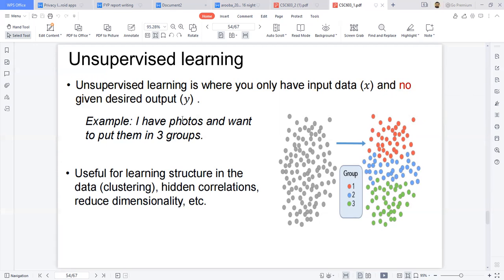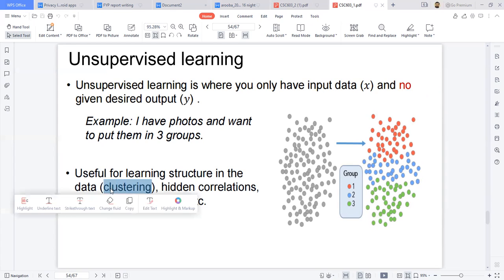For example, I have photos and want to put them into three groups. These are different photos and you have to make three groups. Then you can make the red group, blue group, and something like this. So it is useful for learning structure in the data, like clustering, or grouping.